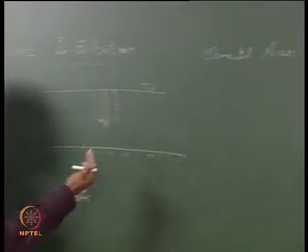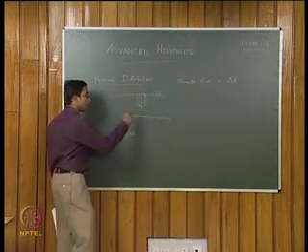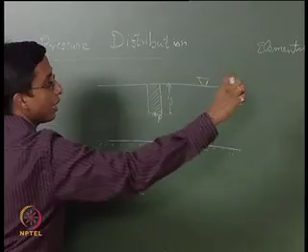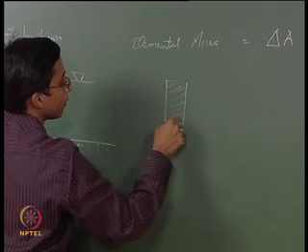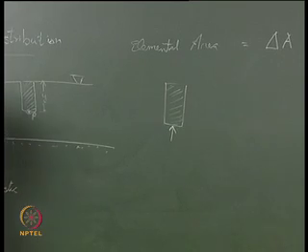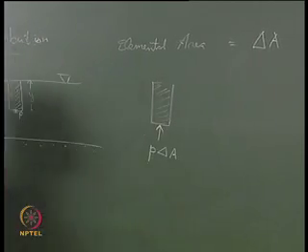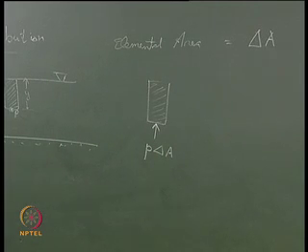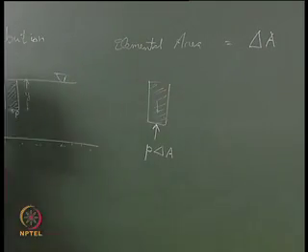Now that you have understood the concept of pressure, you know that if you take this elemental strip out, at this location there will be a force due to pressure that acts in the upward direction, that is, pressure into del A. Similarly, there will be a force due to gravity that acts in the downward direction.